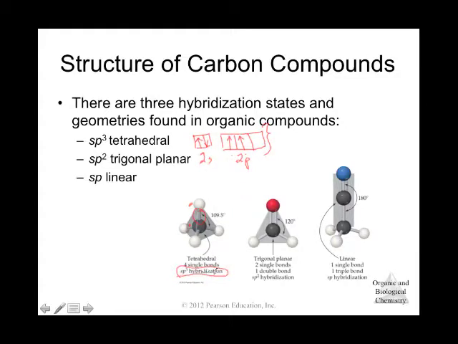So what this sp3 hybridization means is that you take the electrons in the s orbital and the ones in the p, and you mix them up so that now you have 4 equivalent orbitals with 1 electron each, and that's why carbon is so good at forming 4 bonds.